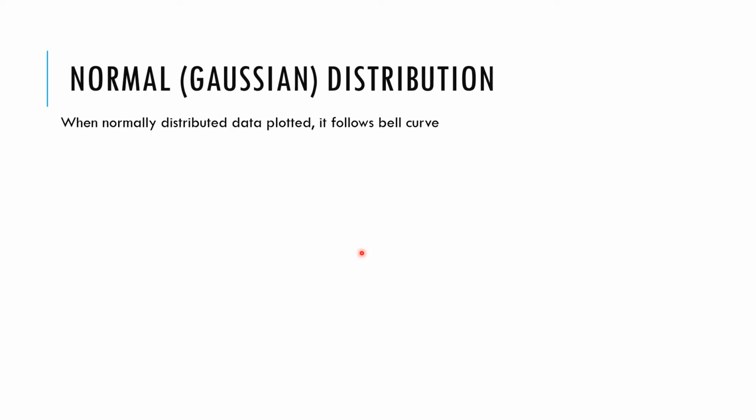So when normally distributed data is plotted, it follows a bell curve. Bell curve is like this. So this is the curve it follows. We'll see those different plots in the next slides. So this bell curve, which is basically the result of normally distributed data, is symmetric about the mean.